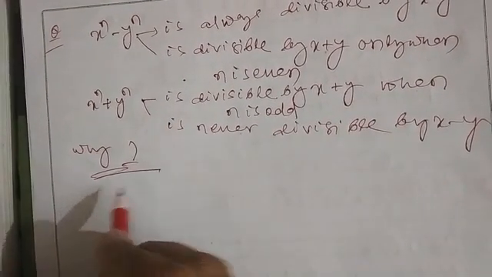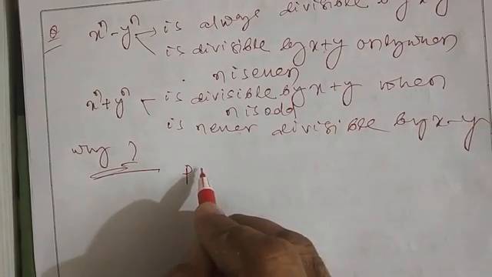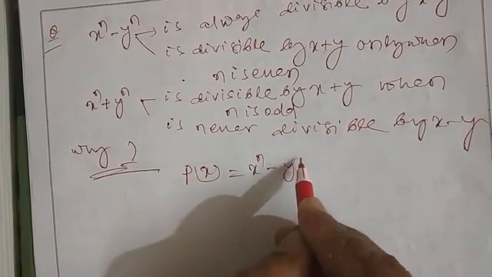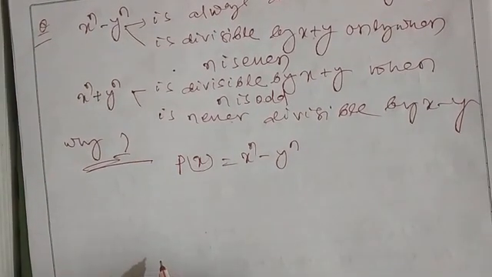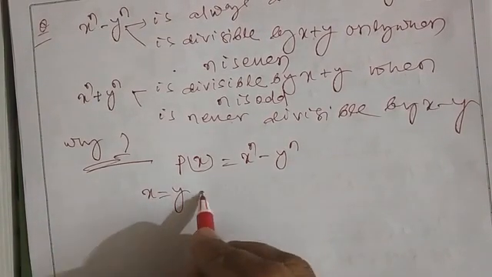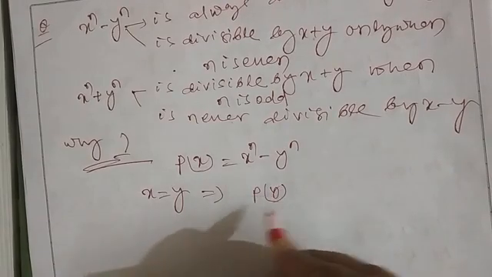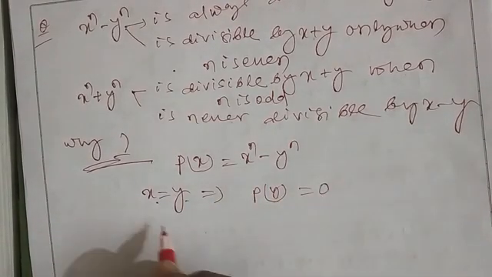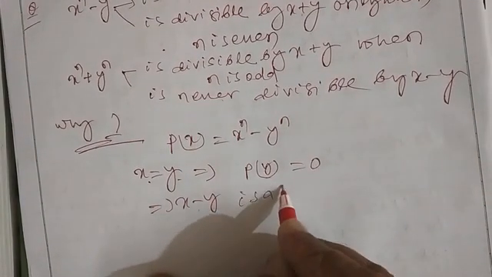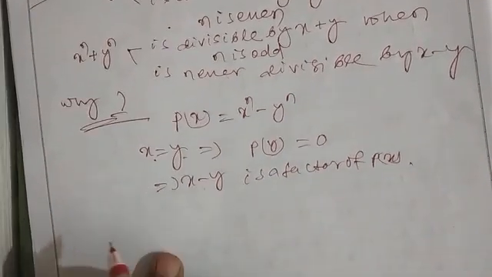Now, let me take this as a polynomial in x. P(x) is x to the power n minus y to the power n. Now, putting x equal to y, I get P(y) is equal to 0. This gives me that x minus y is a factor of P(x). Very simple.